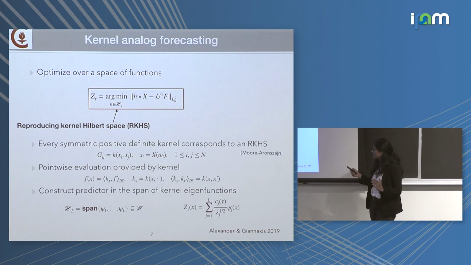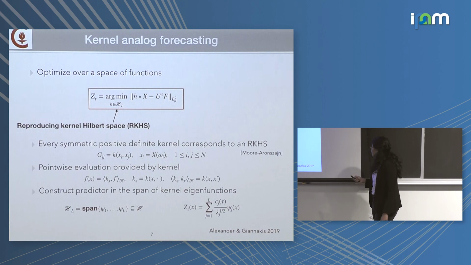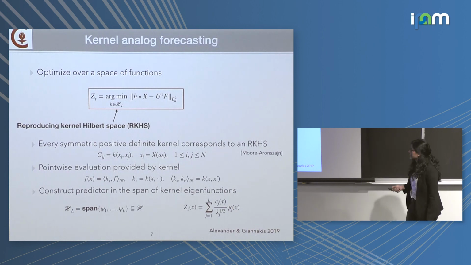So suppose we have L of these kernel eigenfunctions, we would like to construct a predictor in this finite dimensional subspace of this RKHS. And I will tell you how on the next slide. And essentially our predictor is an expansion in terms of these kernel eigenfunctions evaluated at a new point, the kernel eigenfunction expansion coefficients, and the eigenvalues of this kernel matrix, which I'll tell you how to construct.